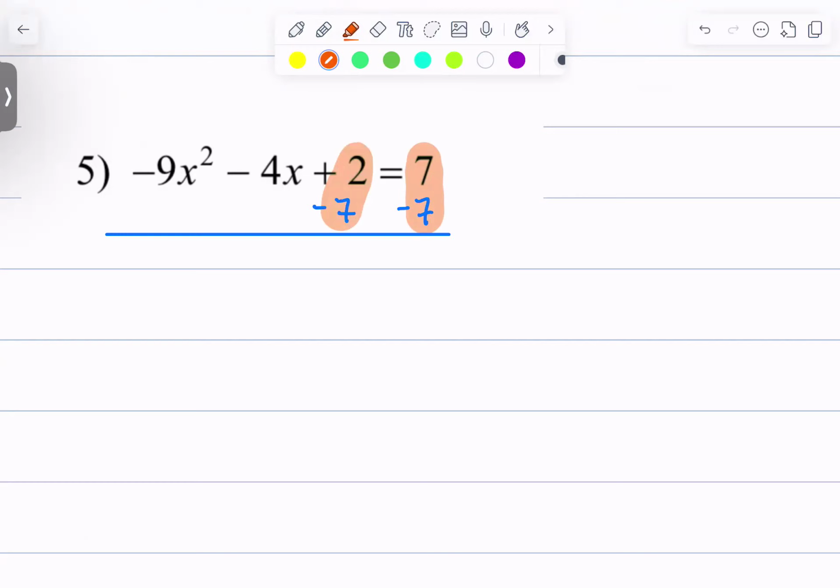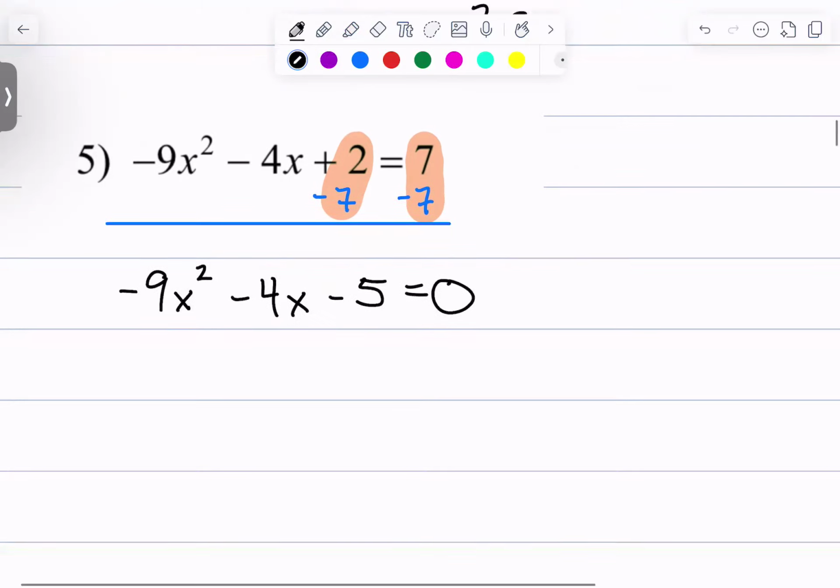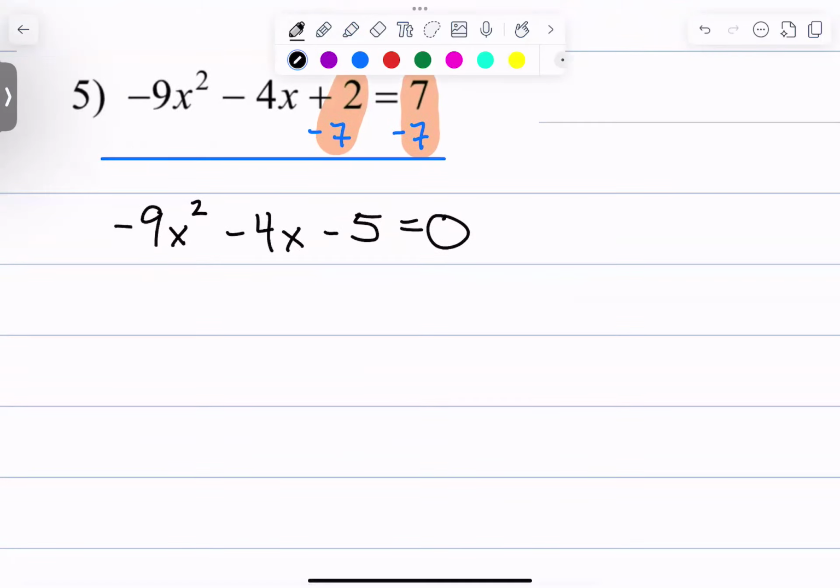That's an easy way to organize my work. So we have that left over equals 0, so I can go with my A, my B, and my C. My A is -9, my B is -4, my C is -5.